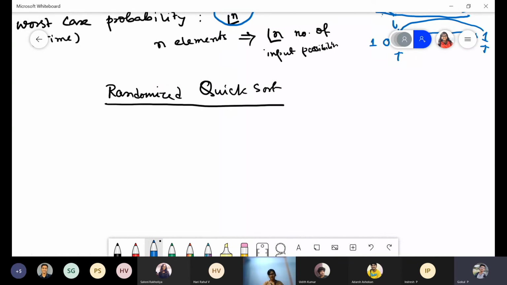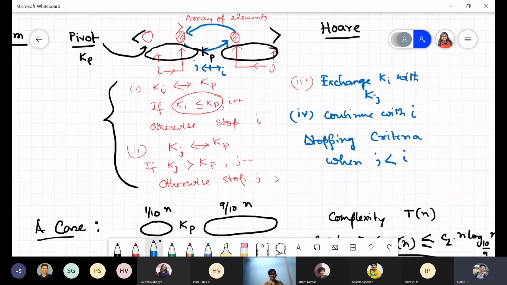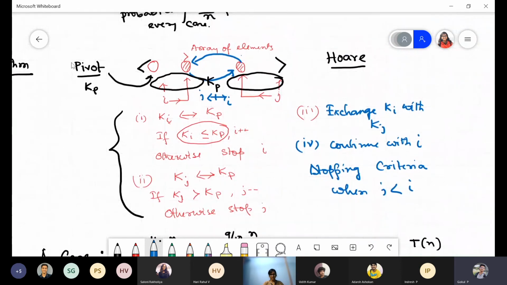Ma'am, can you repeat how we have lesser comparisons in quicksort? Okay. See, here what we have been doing: we took this KP, our pivot, we took 2 pointers I and J, and we checked whatever element was under this I and J to check whether they are greater than KP or less than KP, right?